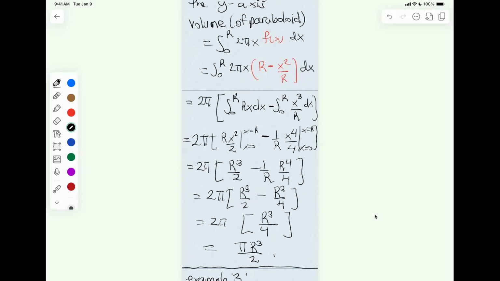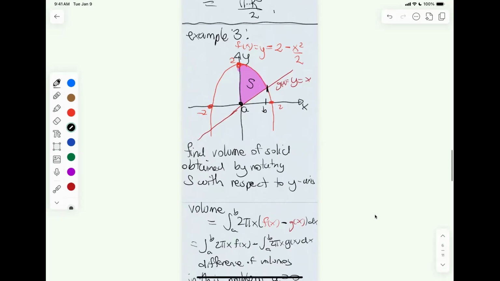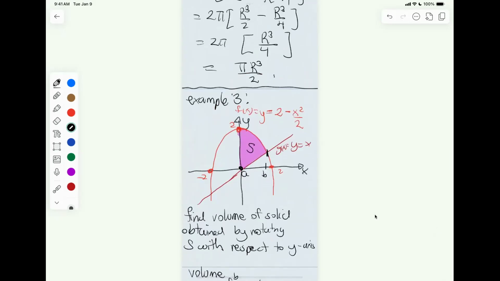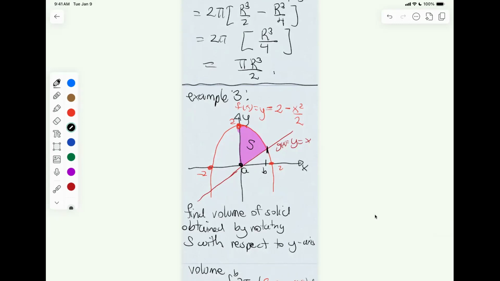Okay, no, but this is fine. 2 pi. Okay, no, that's fine.